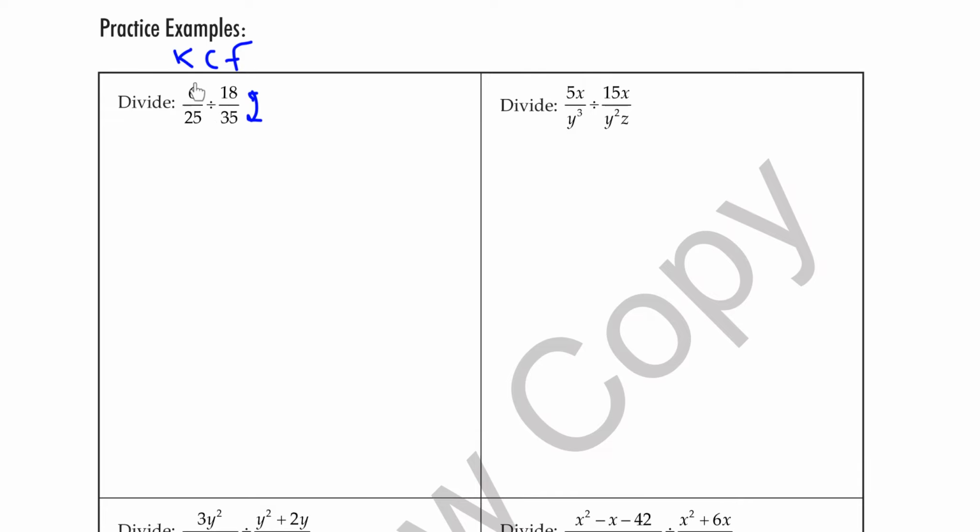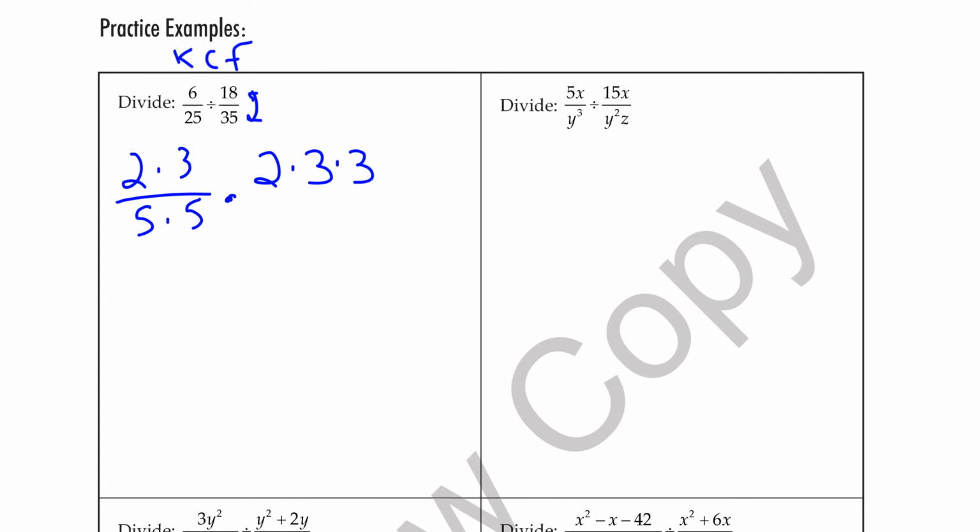So the factors of 6 are 2 times 3. The factors of 25, 5 times 5. Change to multiply. The factors of 18, 2 times 3 times 3, or 2 times 9 makes 18, or 6 times 3 makes 18. Either way.